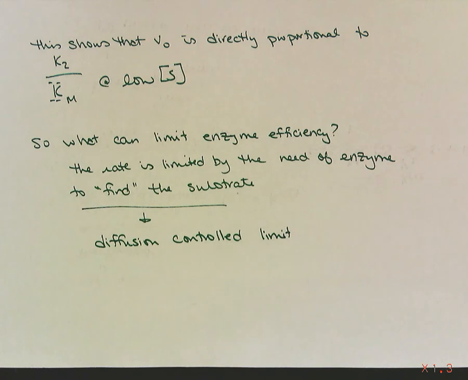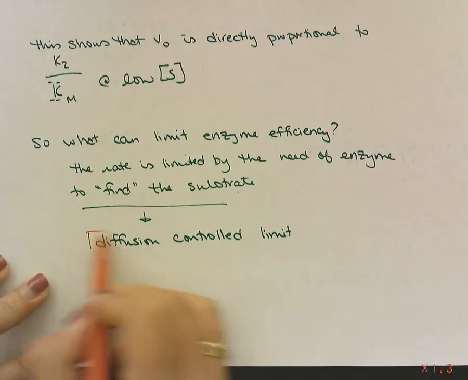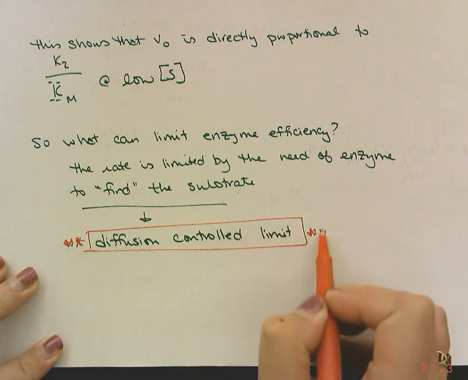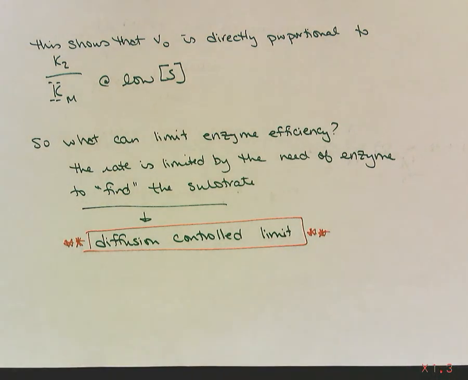This is the diffusion-controlled limit. So the reaction can only take place as fast as it takes for the enzyme to diffuse through solution to find the substrate.